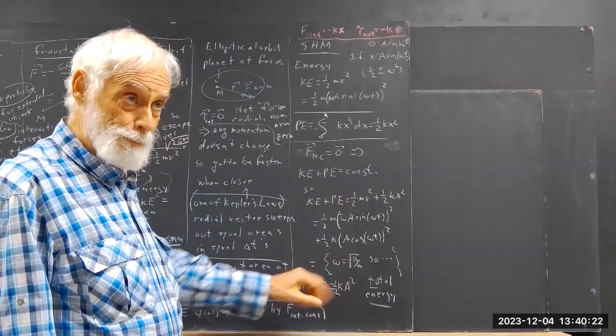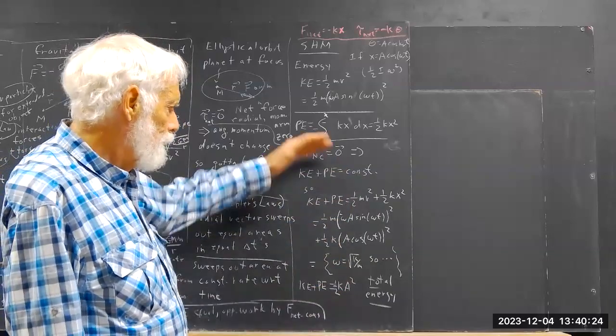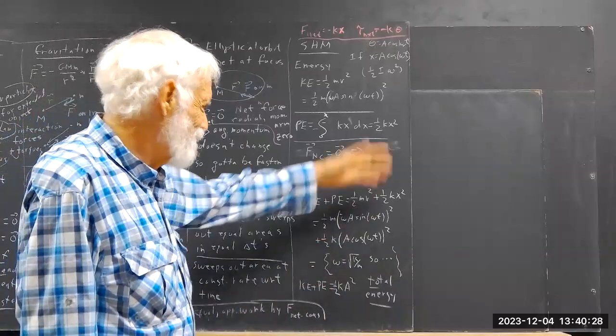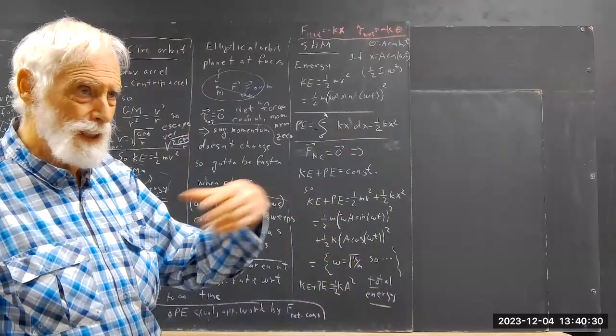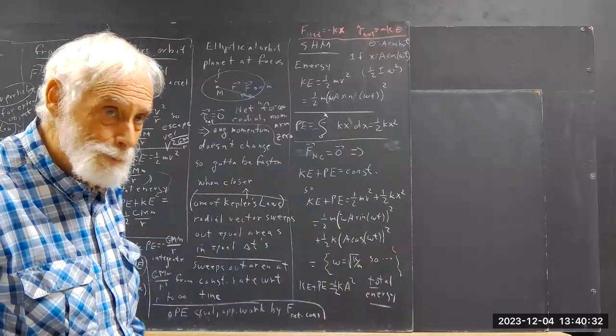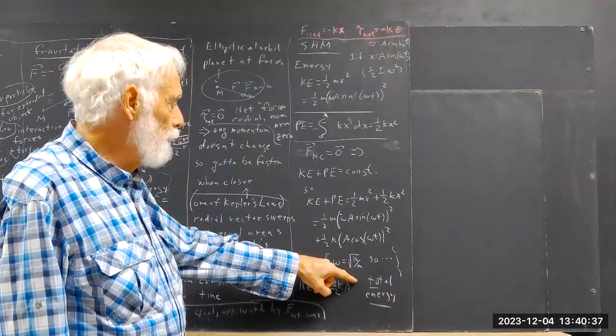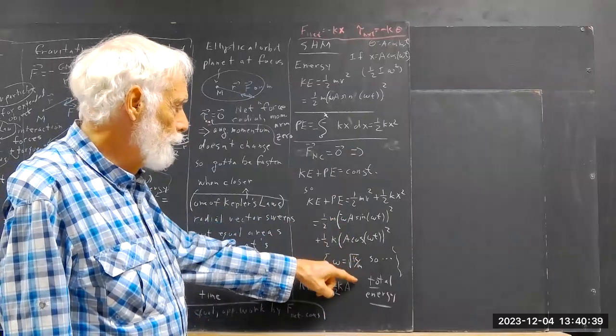Put it all together. Now I'm going to leave the details of that to you, but if you want to ask, I really need to work it out on the board. I can't just say it because there are complications here. If omega equals k over m, then omega squared is k squared over m squared.